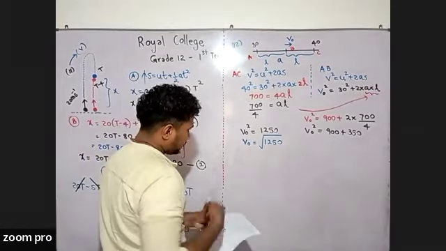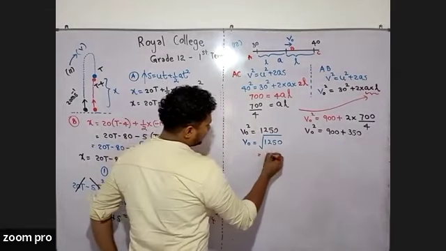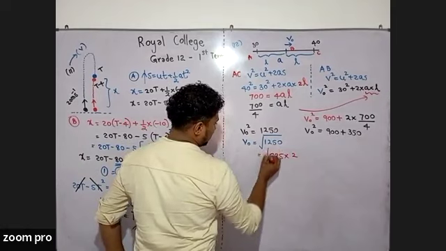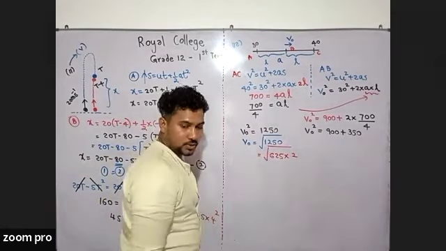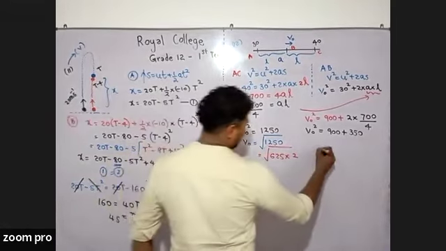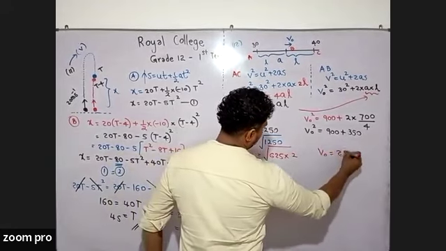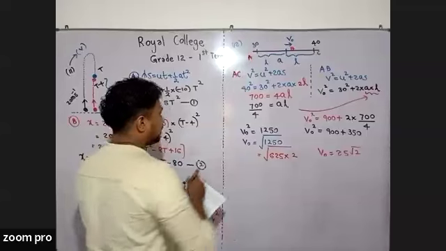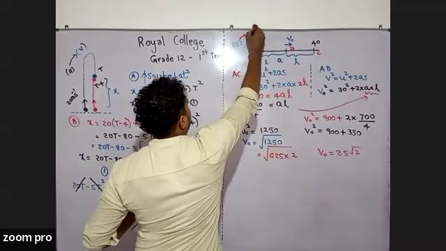All right, so this can be written as 625 into 2, isn't it? So we know the root of 625 is 25, so that is 25 root 2. So this is the answer. That means the answer should be the fourth one.